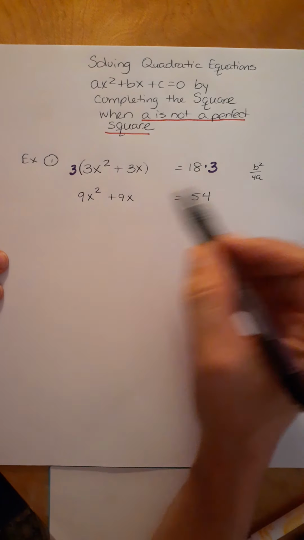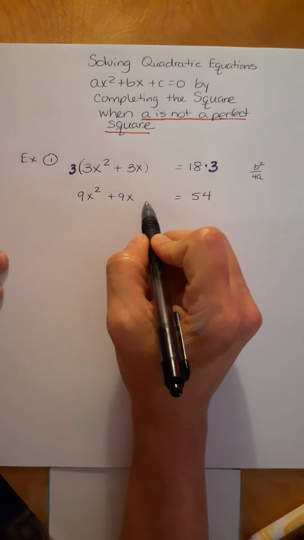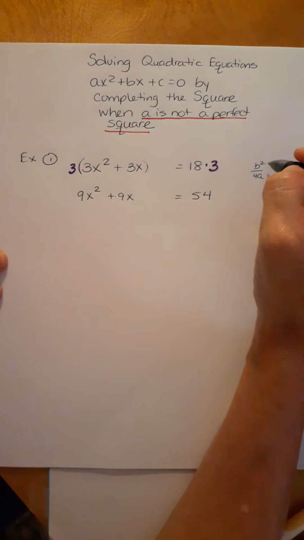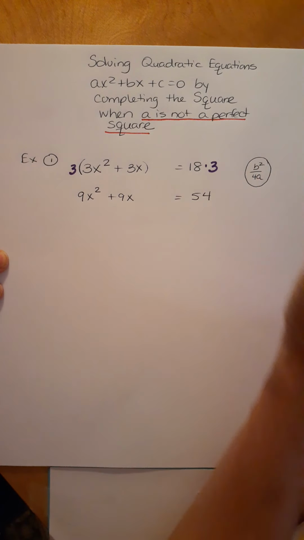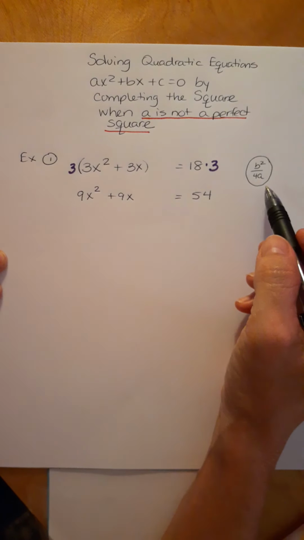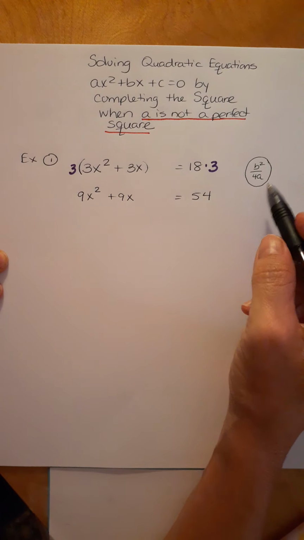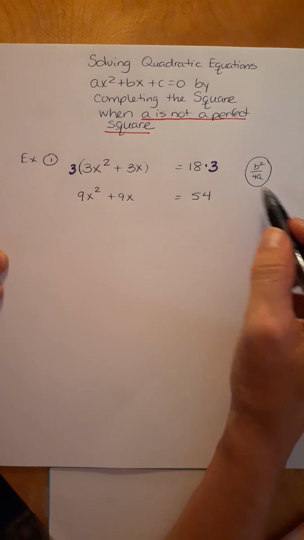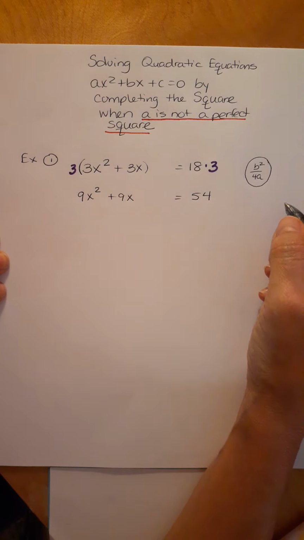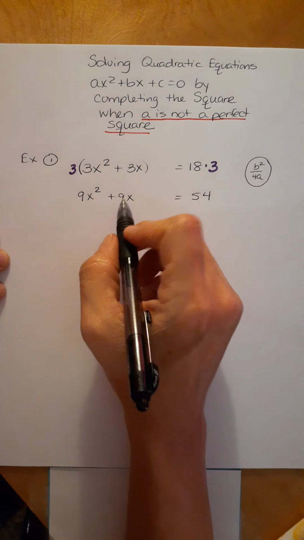Now we're going to use our formula to figure out what this missing piece is. Now this is a perfect square, so we're going to use this one here, which is for perfect squares. If it was a 1, we would use b over 2 in parentheses, squared. So we're going to take this, and what's my b?